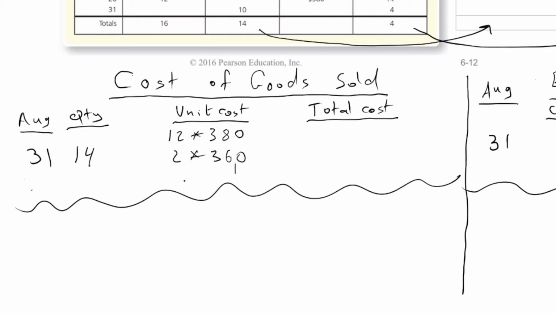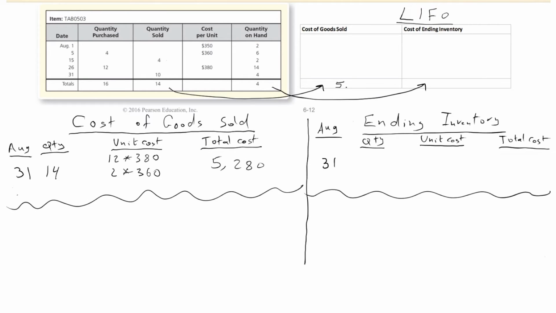And if we make a quick math, you will see that my total cost of goods sold was $5,280. Okay, so on August 31st, the 14 units that I sold out is $5,280.